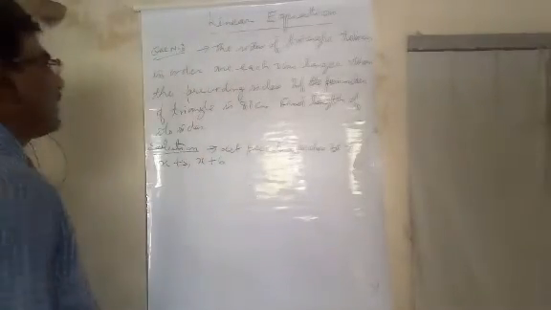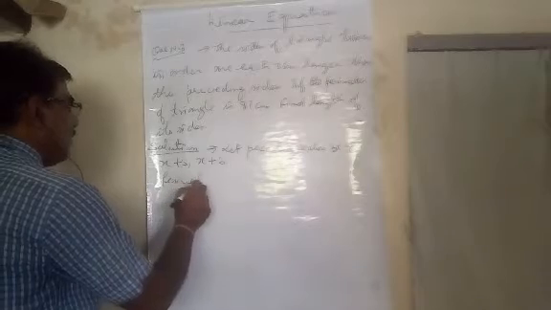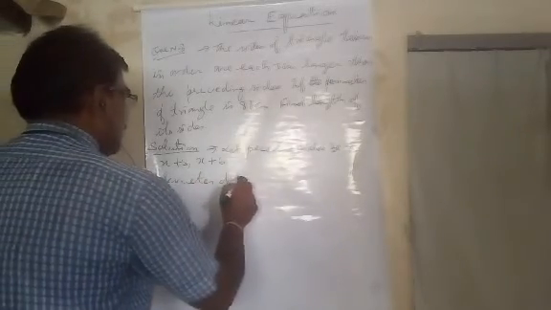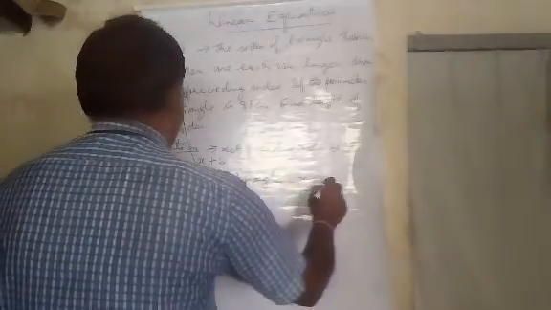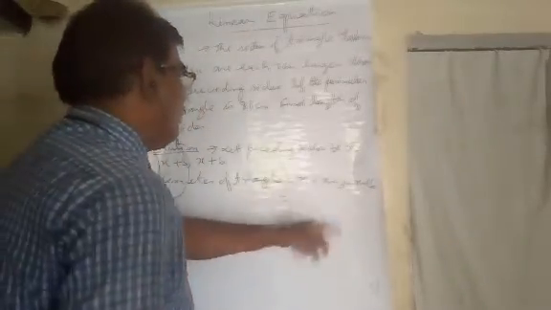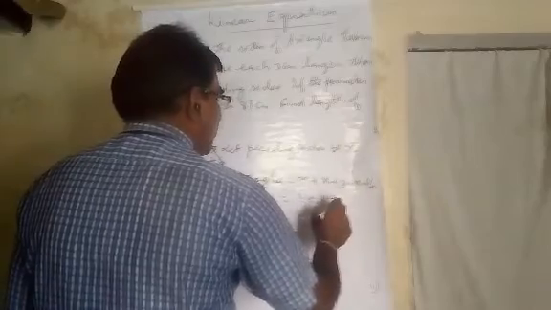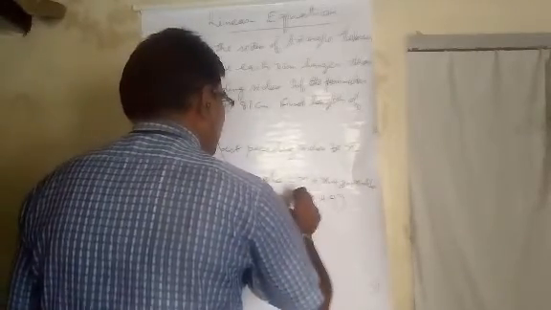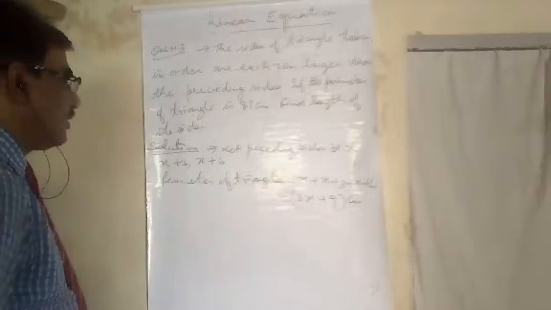Now, perimeter of triangle equal x plus x plus 3 plus x plus 6. X plus x plus x will be 3x, plus 3 plus 6 equal 9, so 3x plus 9 centimeter. But in the given question, perimeter of triangle is 81 centimeter.